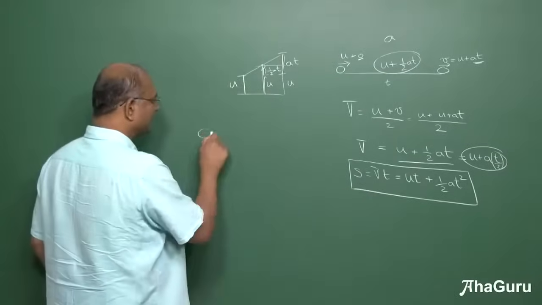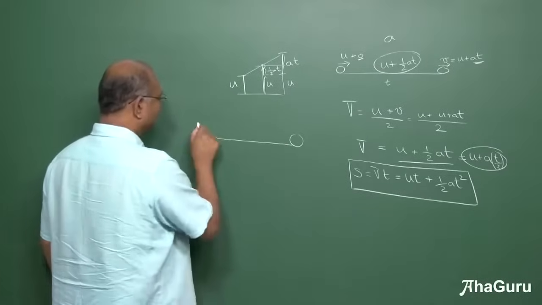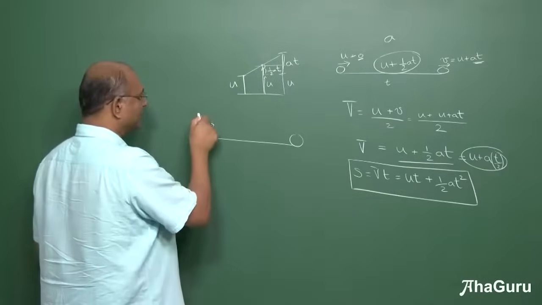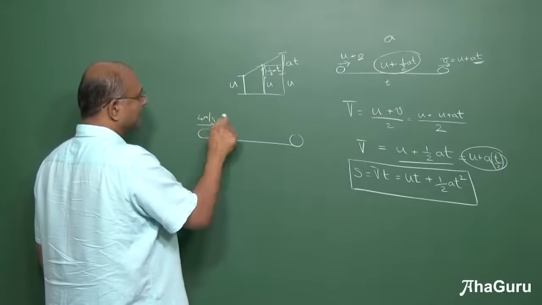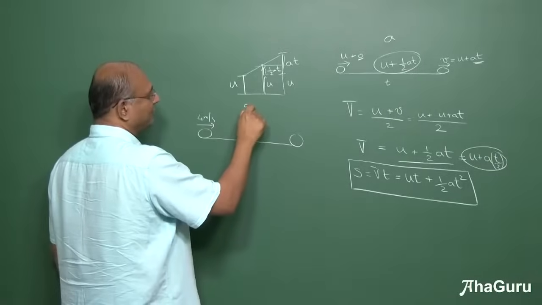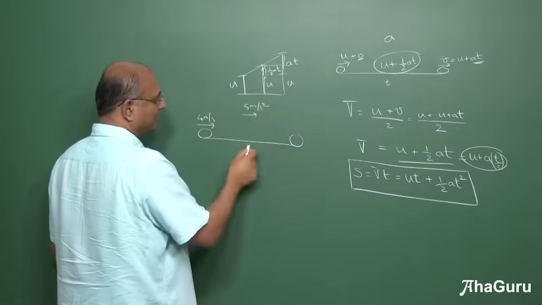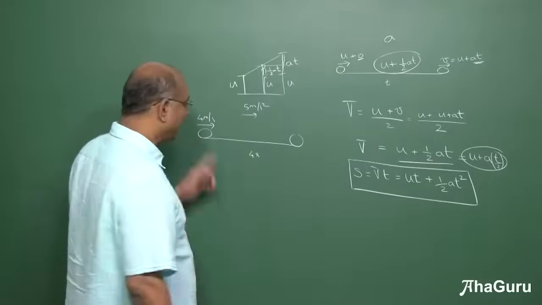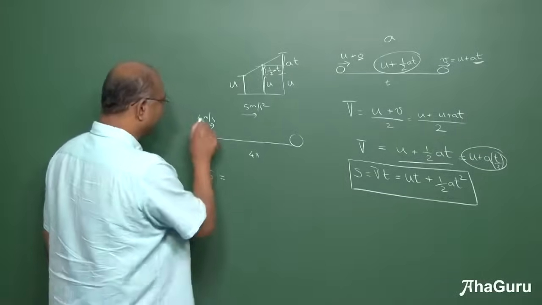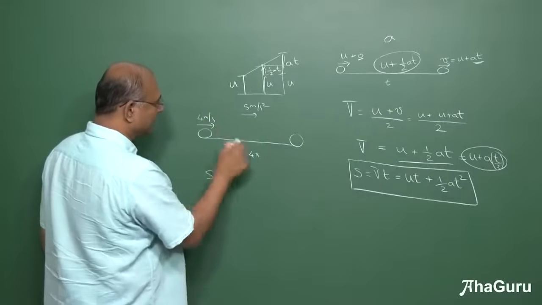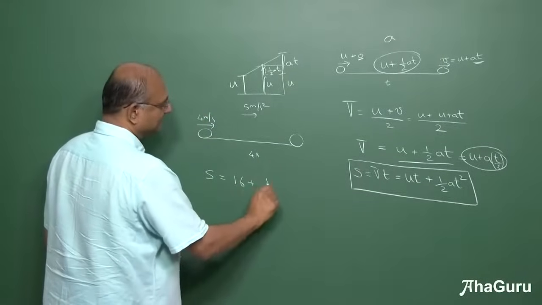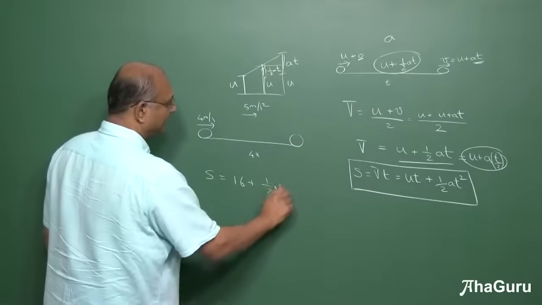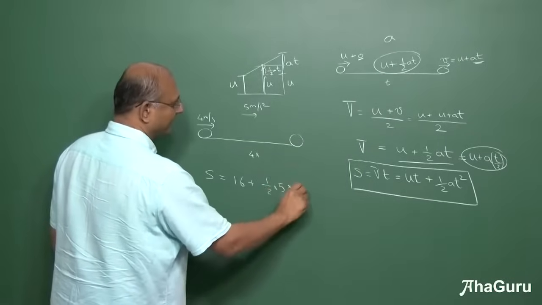How do I use this? So for example, if an object was moving like this, let us say with 4 meters per second, and had an acceleration of 5 meters per second square for 4 seconds, I don't need to calculate v. I can directly write displacement is ut plus half a t square.